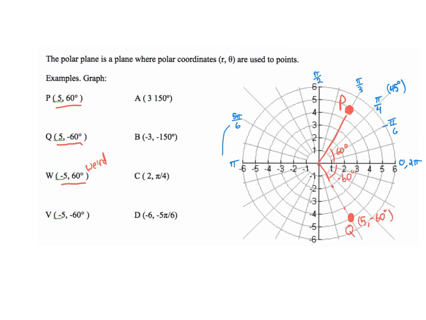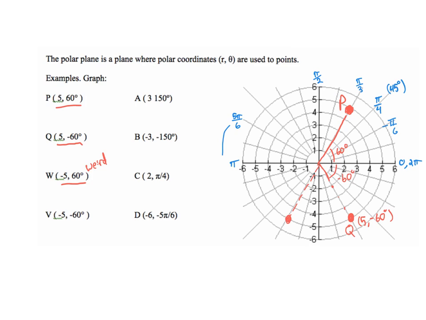So if I wanted to count out -5 for r, I would start at 0, and I would move backward along the angle line this way. So if I were to count this out, I would start here, and I would go 0, -1, -2, -3, -4, -5.